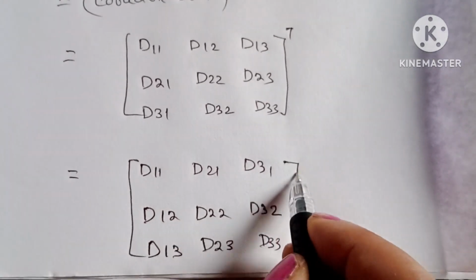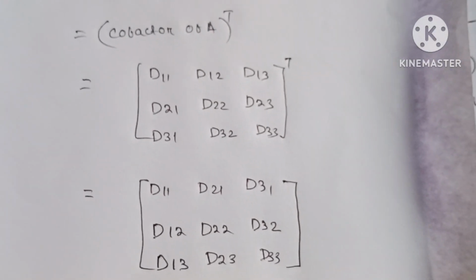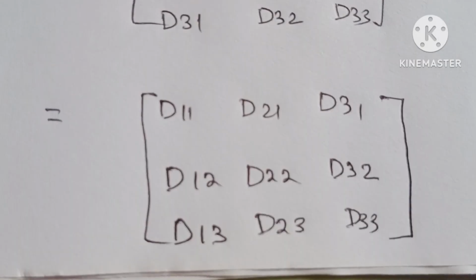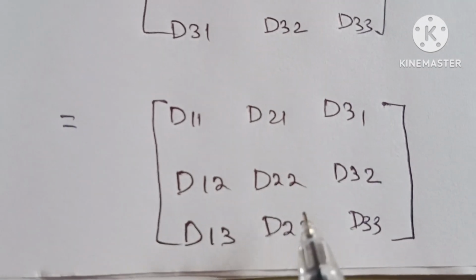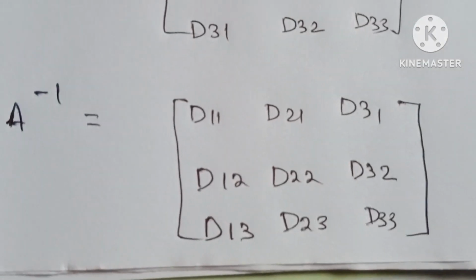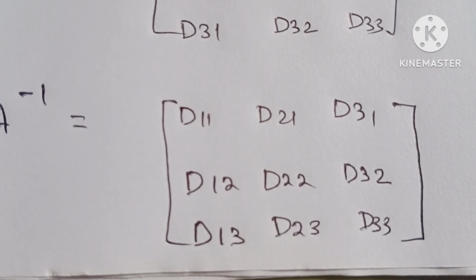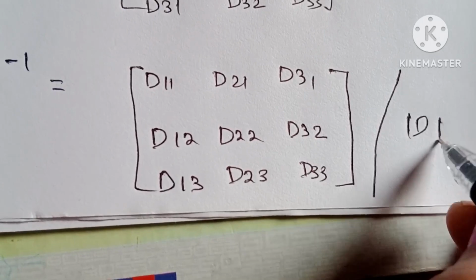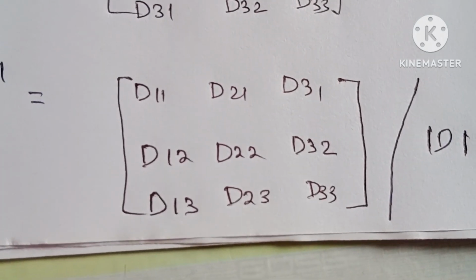So this is the adjoint of A, and as you know, A inverse equals the adjoint of A divided by the determinant of the matrix.